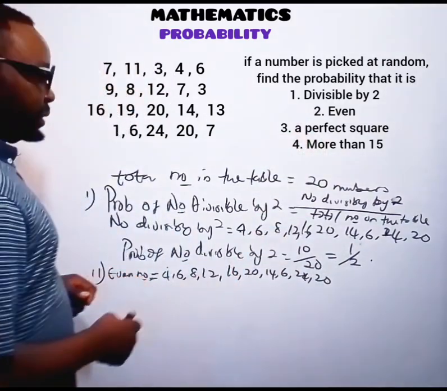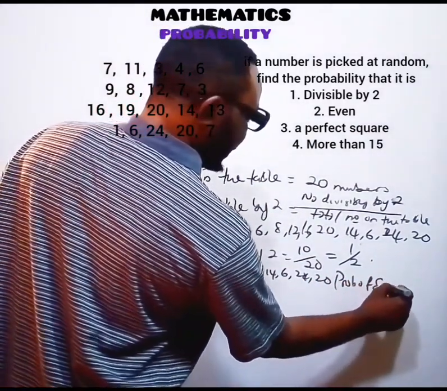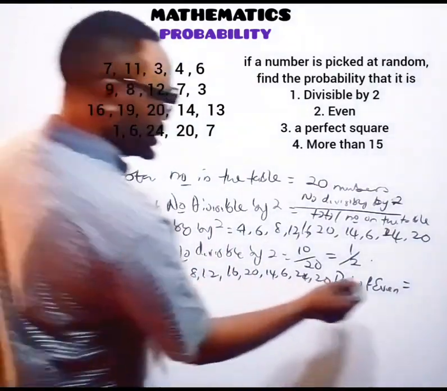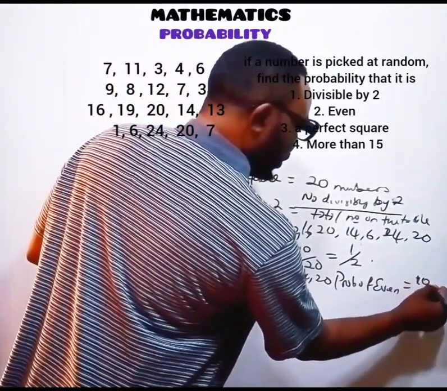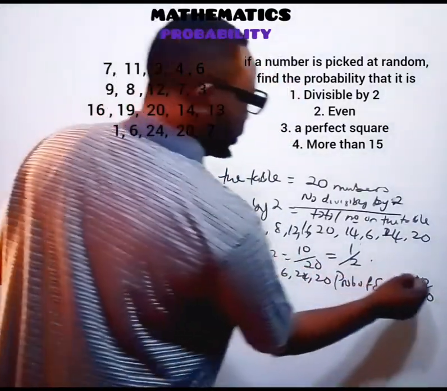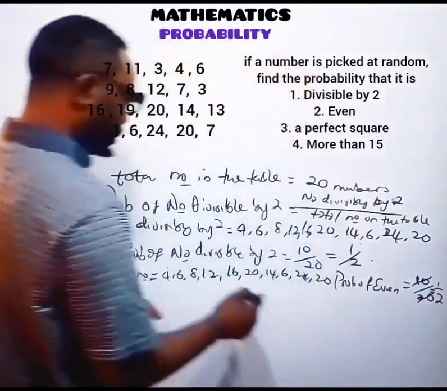We also have 10 numbers. So the probability of an even number will be equal to 10 over the total number, which is equal to 1 over 2 as well.